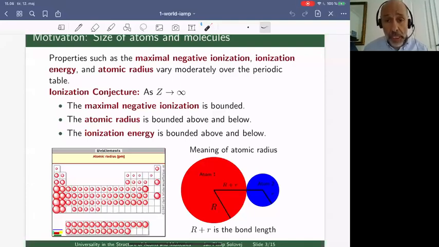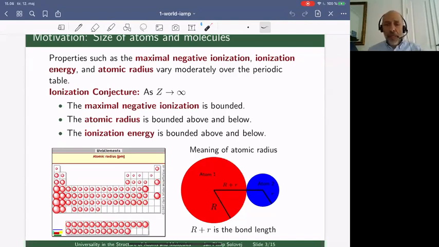I will focus on the size, but usually, since the name ionization conjecture comes from the fact that it's attempting to estimate the maximal negative ionization, I mean, how many electrons can I add to an atom and still have a stable atom?